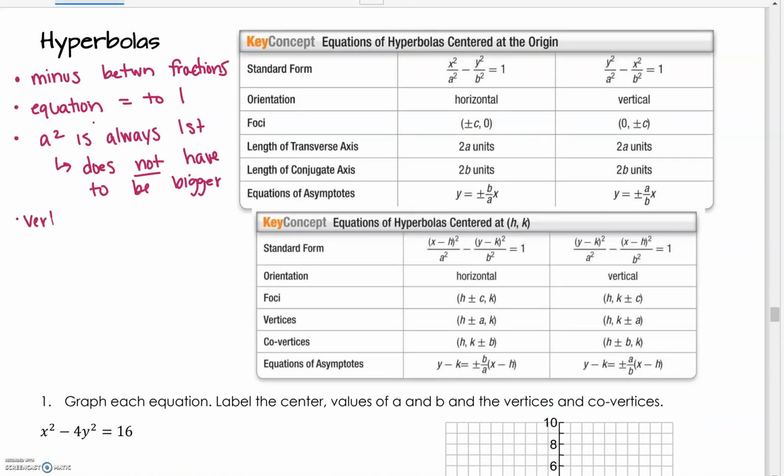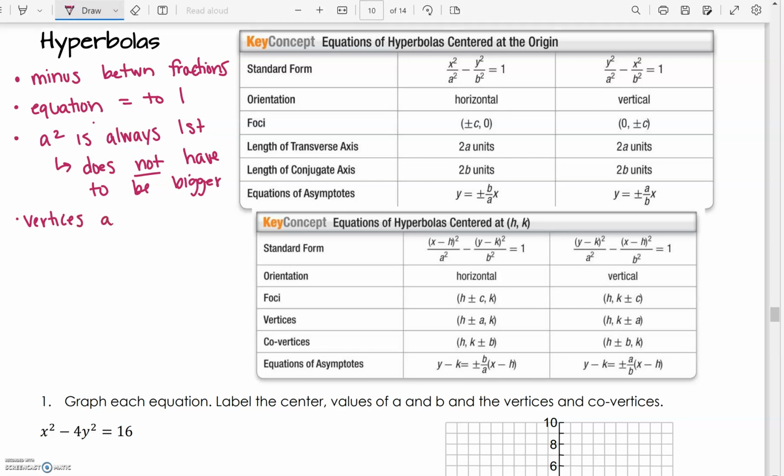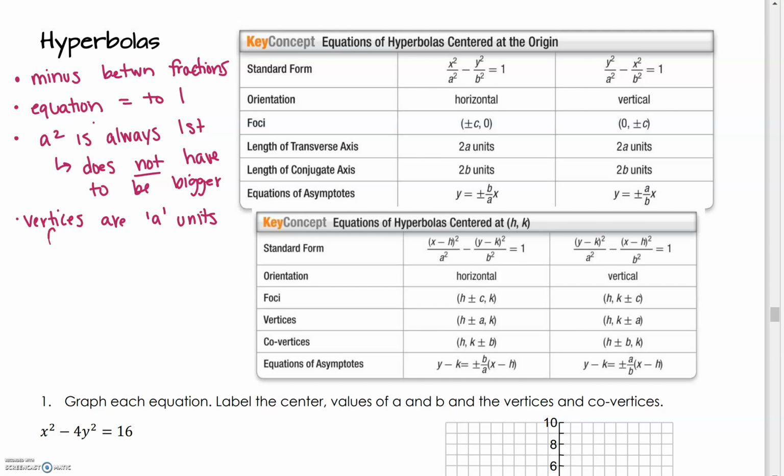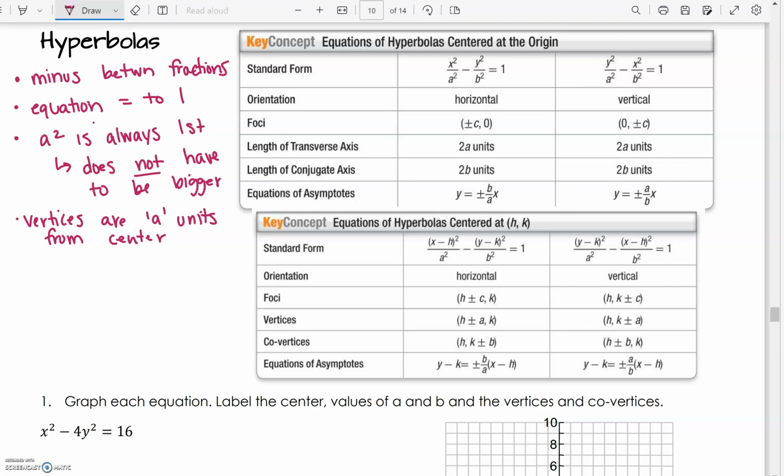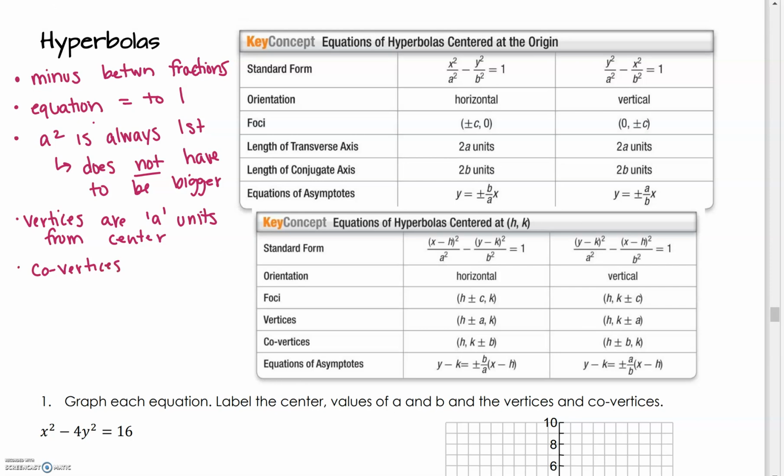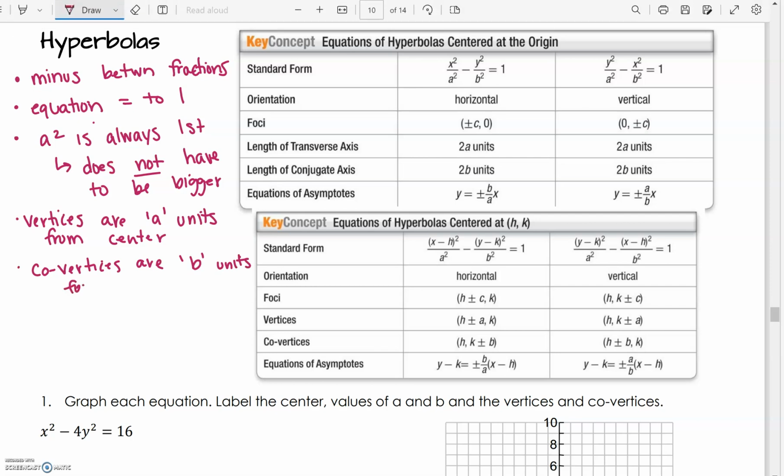The vertices are A units from the center. And then the co-vertices are B units from the center.